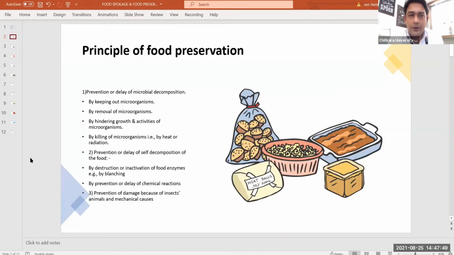So what are the various food preservation principles? I have divided them into three categories. Number one is prevention or delay of microbial decomposition. What does this mean? We should not let the microbes attack or deposit on the food.